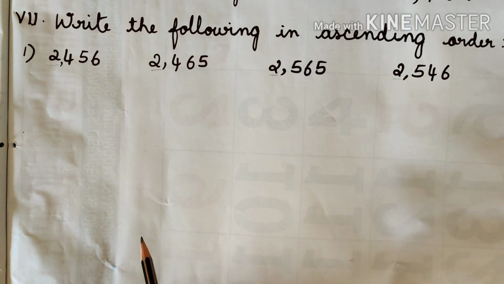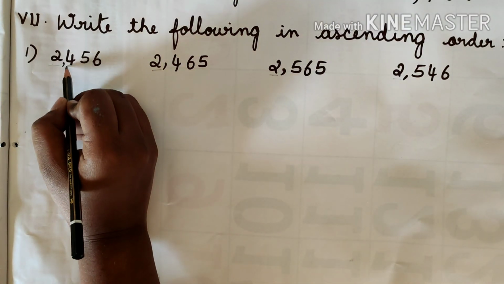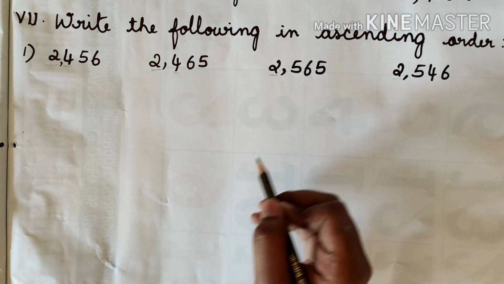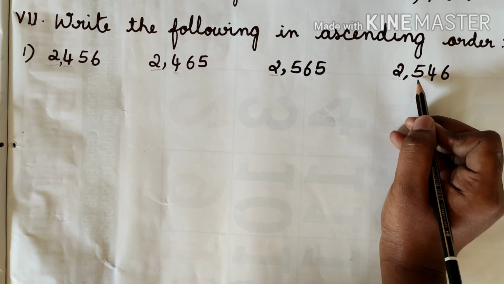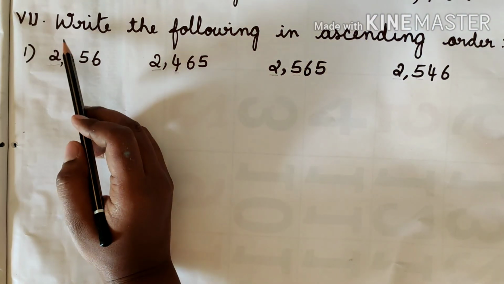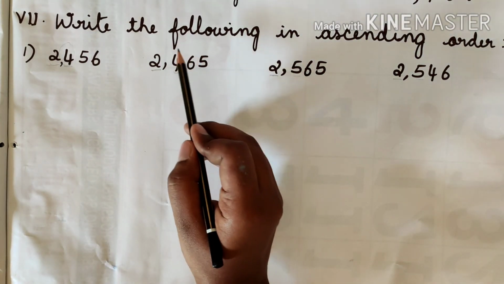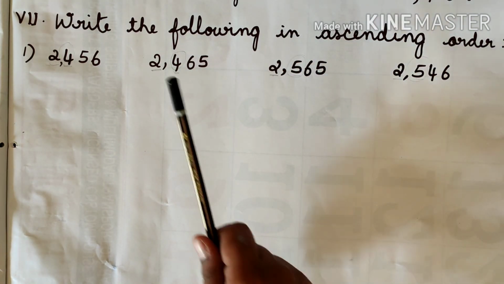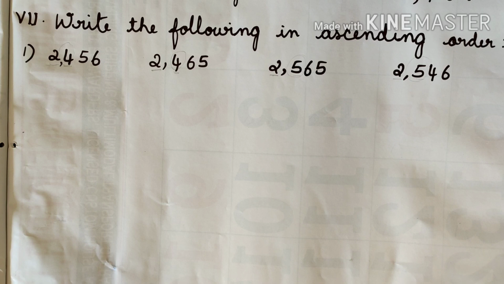Now let's see hundreds. We have 4 here in hundreds place. We have 4 here in hundreds place. Here we have 5. Here we have 5. In 2 places we have 4, and in 2 places we have 5. So when we compare 4 and 5, which is the smallest number? It is 4.